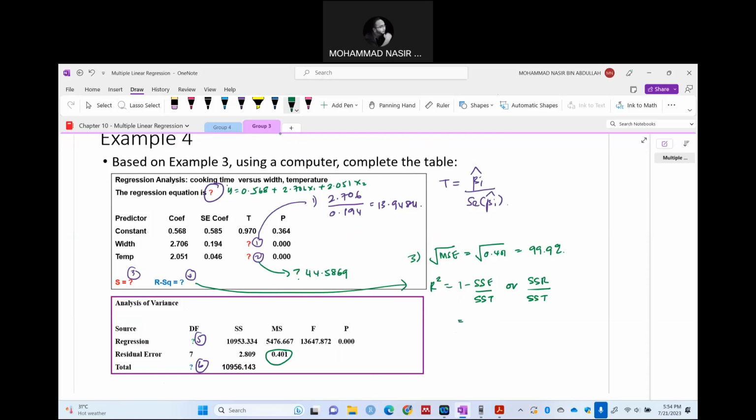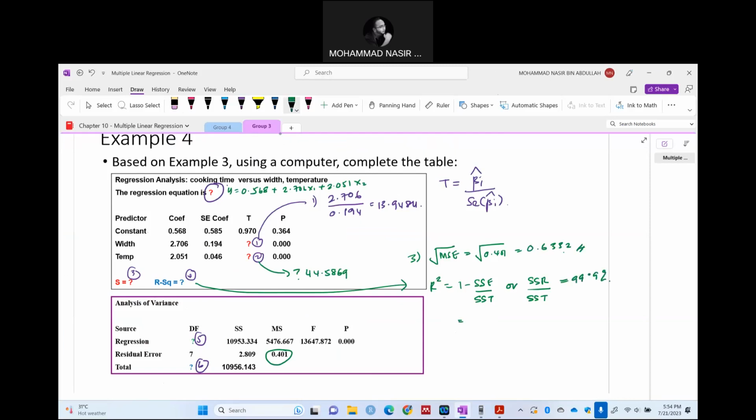So this one should be 99. Number 3 is 0.6332. So this is 99% lah.